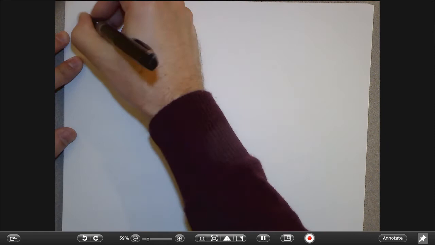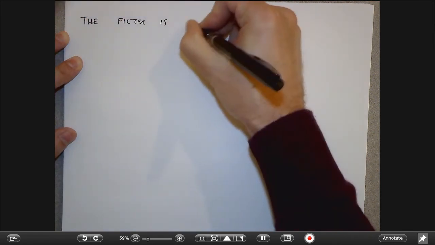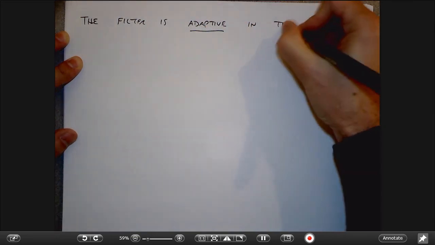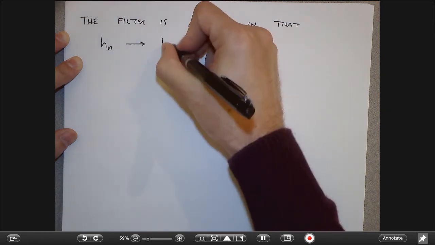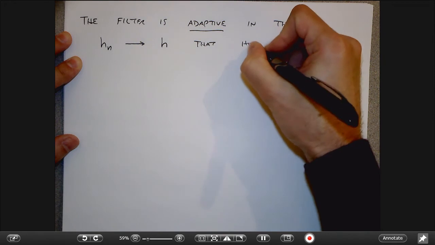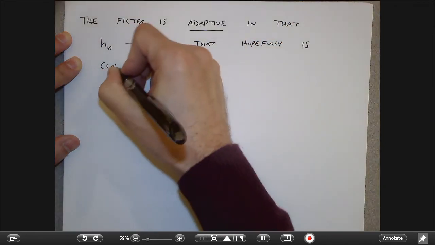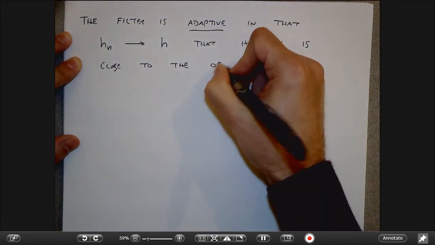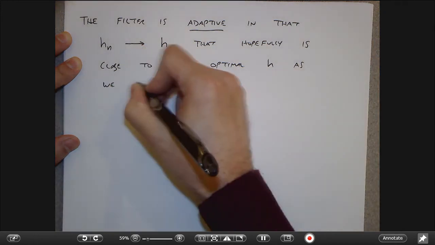So the filter is adaptive in that h of n converges to some h that hopefully is close to the optimal h as we see more data.